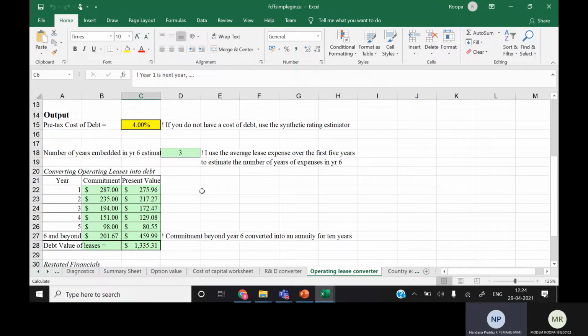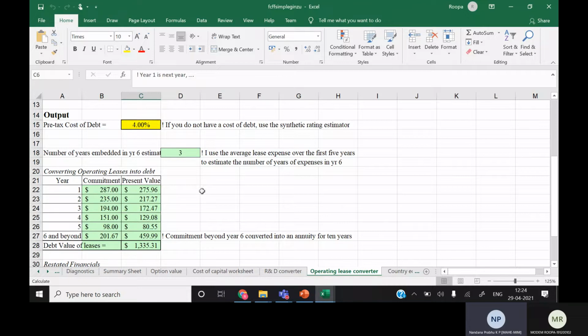And every month they must be paying some rent on this aircraft, for the next years, and that lease will have a certain period of time.